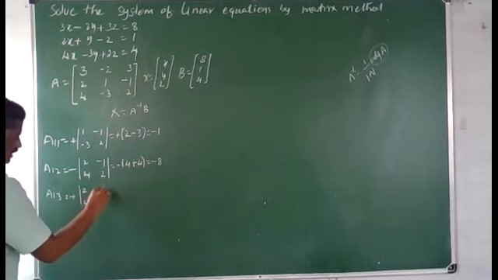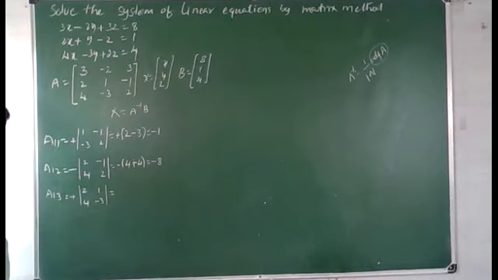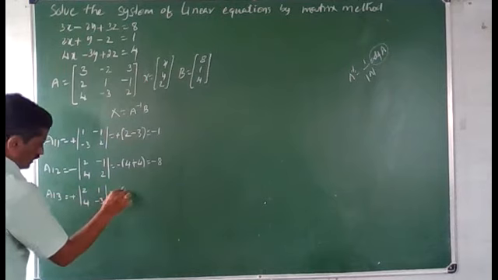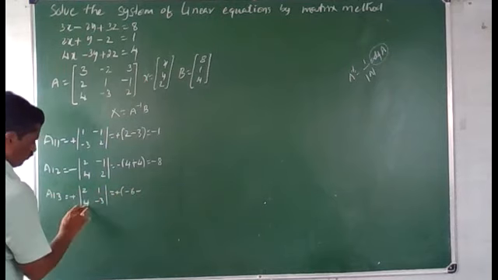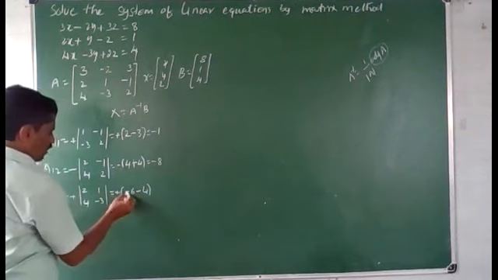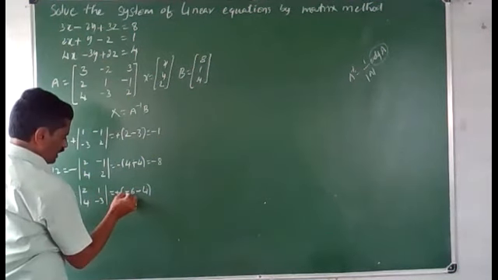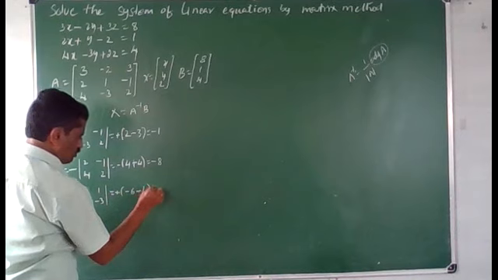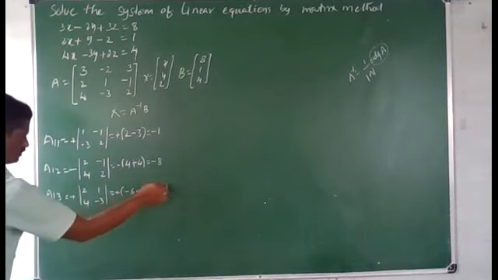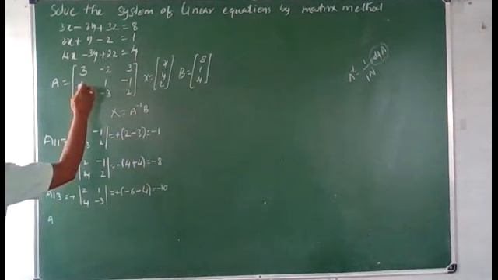Again that is equal to plus as is, plus of 2 into minus 3, minus 6, minus 4 into 1, that is 4. So minus 6 minus 4 is minus 10, minus 10 into plus is minus 10.